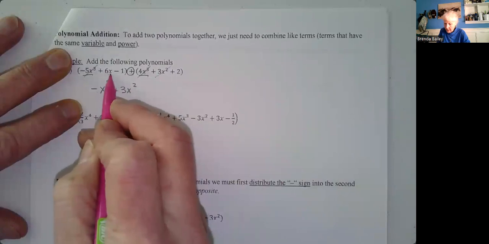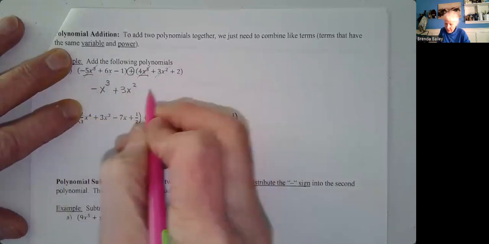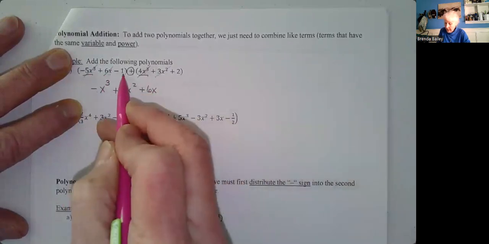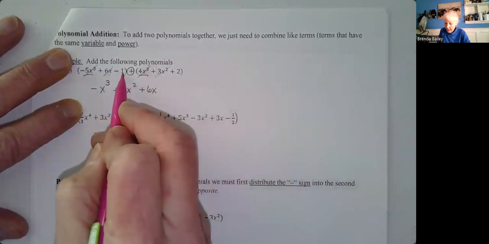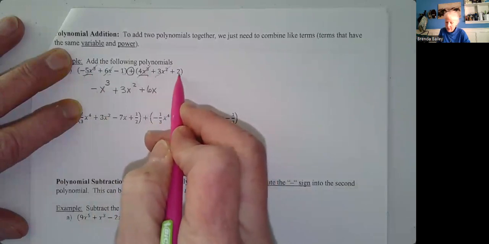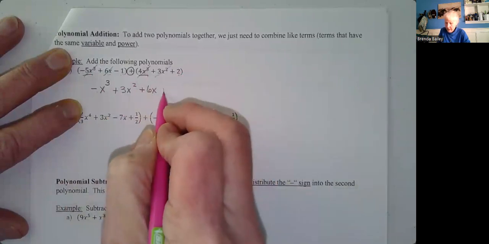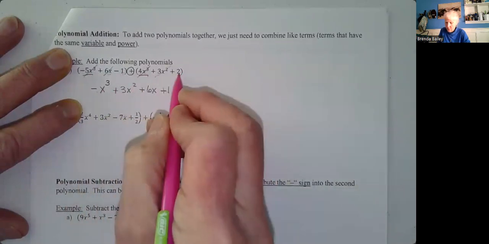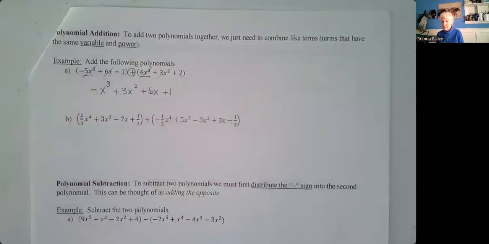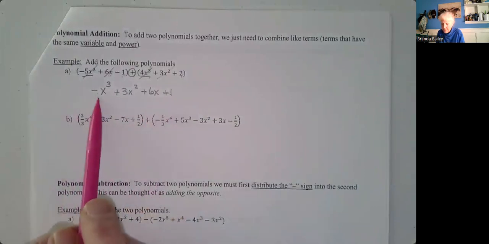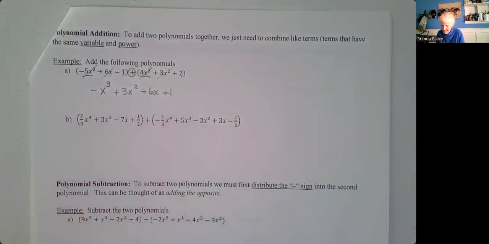That's the only one, so it stays by itself. Then we have the -1, a degree of 0, and a 2 with a degree of 0. So I can combine those two and come up with plus 1. Negative 1 plus 2 is 1. That is your answer. You combine like terms, you've simplified it, and you go in order of descending degree.